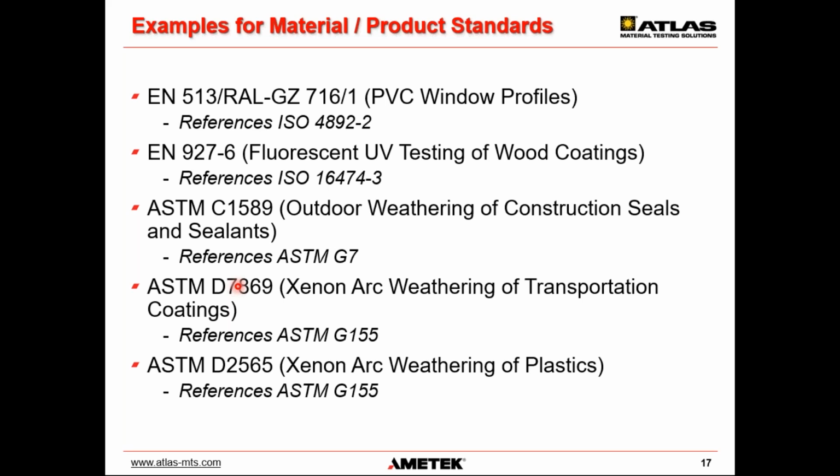And we'll talk specifically about the development and current trends in this standard at the end of our presentation today. This material standard references ASTM G155. And similarly for plastics, we have ASTM D2565, which is a material specification used by the plastics industry primarily in the United States.